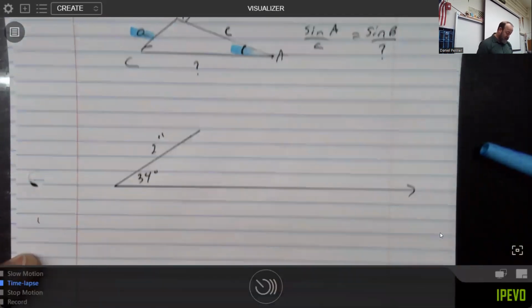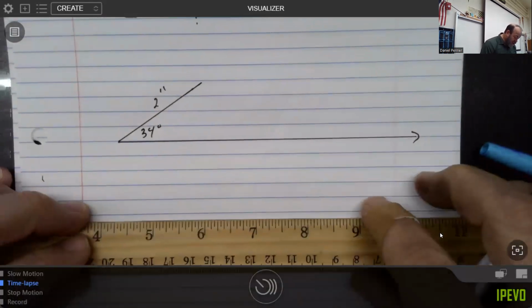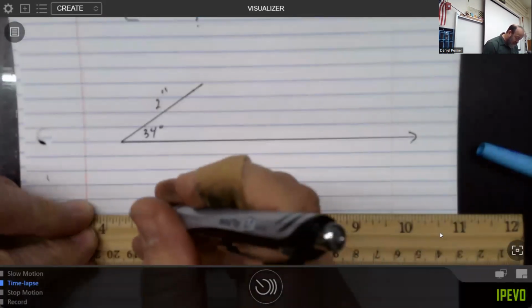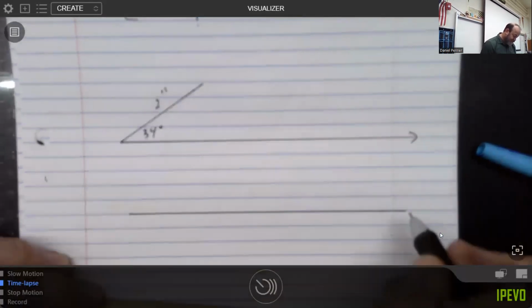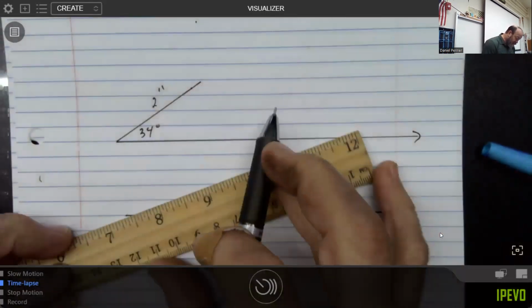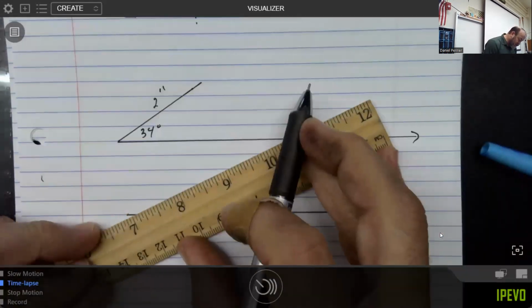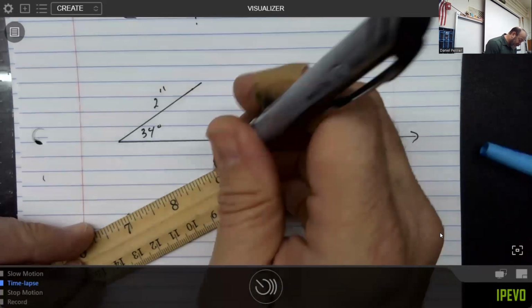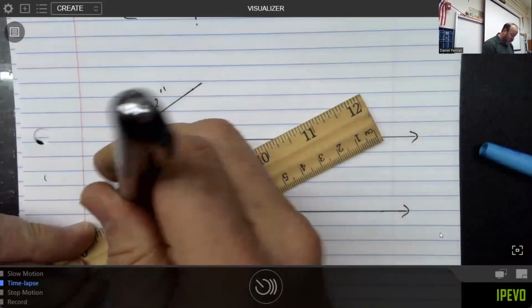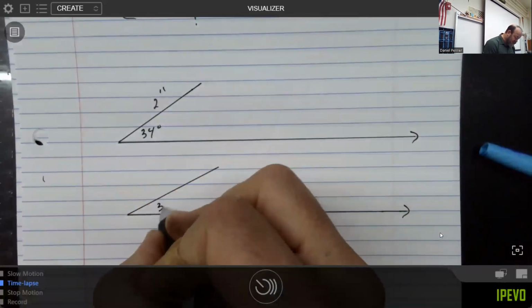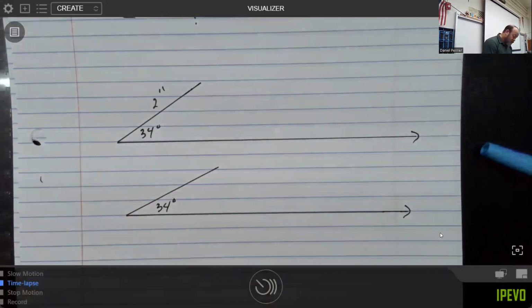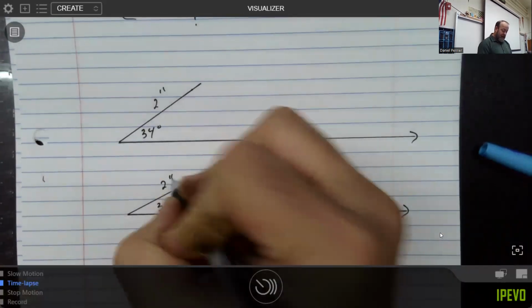Nothing particularly special. But I'm going to do this a couple of times. So I'm going to try to mimic that and do another 2-inch one right here. So I have the same story multiple times. Notice my angle and my side.